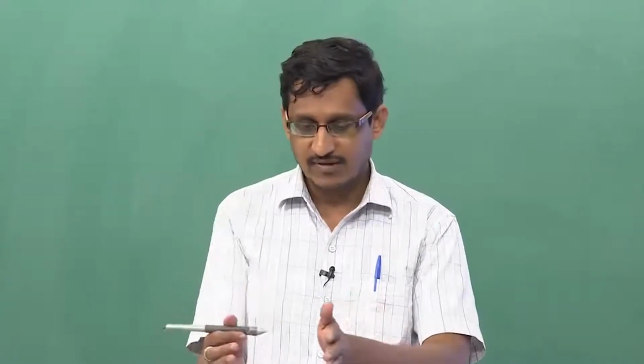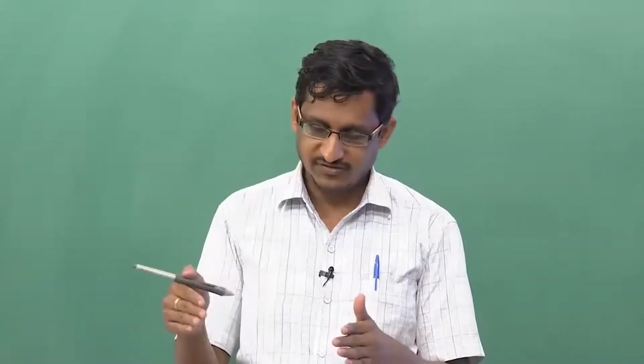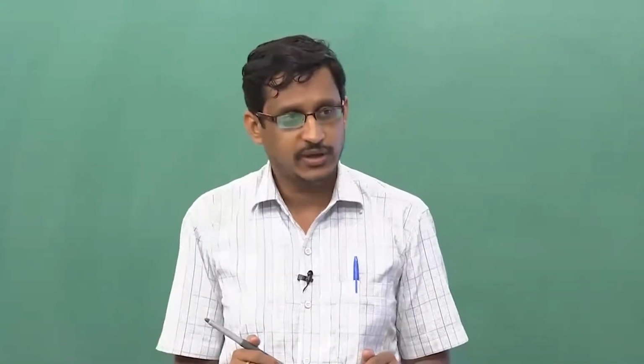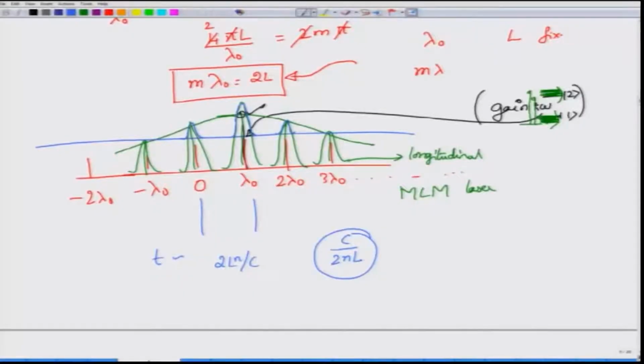So, this cavity has all these modes, which are spaced at c by 2nL. The mode spacing is c by 2nL. These 3 modes are passing the gain threshold. So, these are going to exist in this particular laser system, and they constitute what is called an MLM laser.